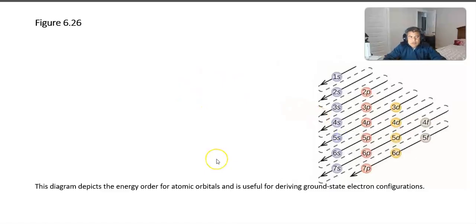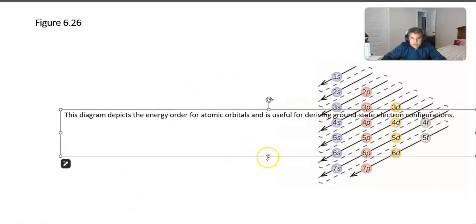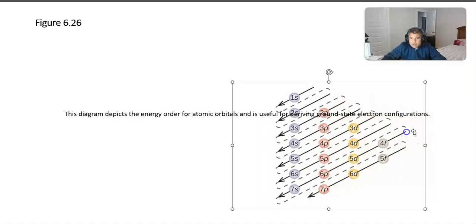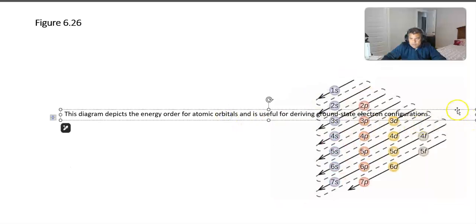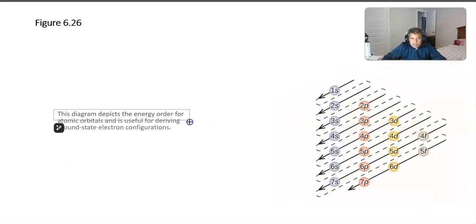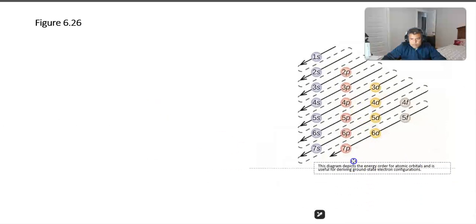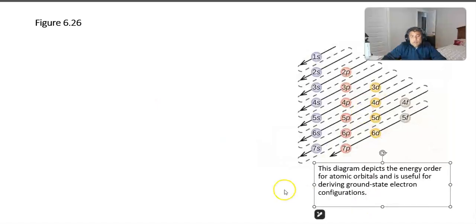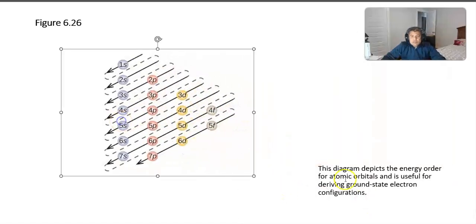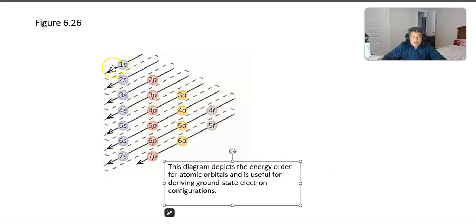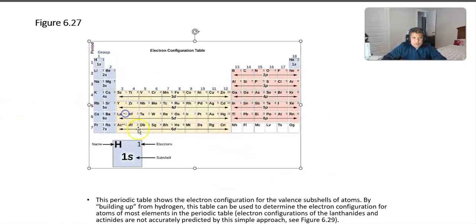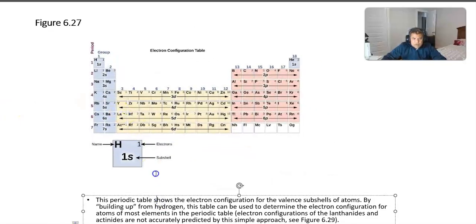Let's first list out the rule. This is the energy diagram, the Aufbau principle energy diagram. Okay, so this is the hydrogen's electron configuration.